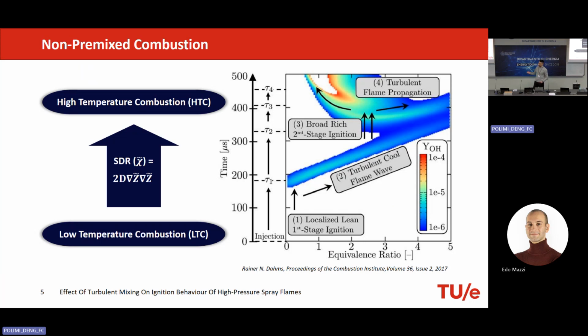Then we have a turbulent cool flame wave, which is inversely proportional to the scalar dissipation rate, so the rate at which the oxidizer and the fuel are mixing. And then we have the broad rich second stage ignition, after which we have the onset of high temperature combustion. And then we have the turbulent flame propagation, which is not important for this work now.